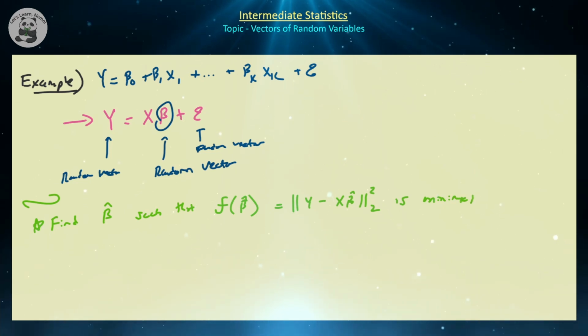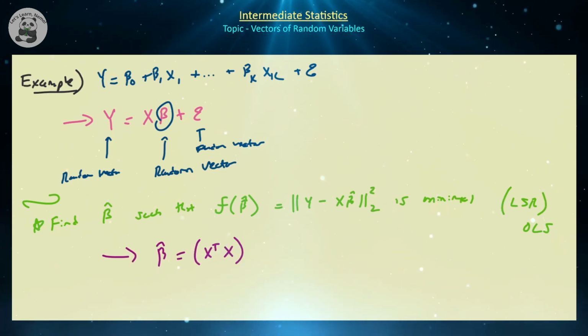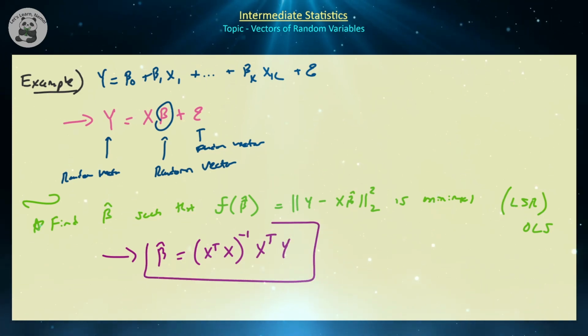So this is the least squares approach, or least squares regression. Some people will also use ordinary least squares regression as a notation for that. We should already know that this problem actually has a beautiful solution, and the beautiful solution is that beta hat is equal to (x transpose x) inverse times x transpose times y, right? And that's a beautiful solution.